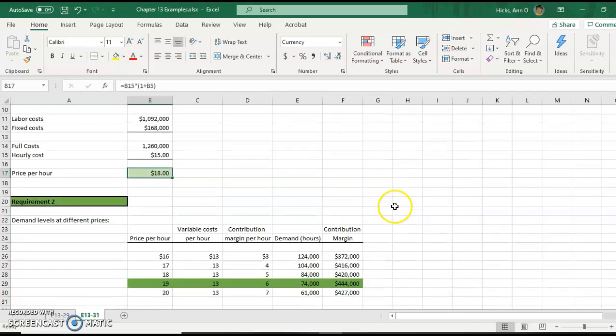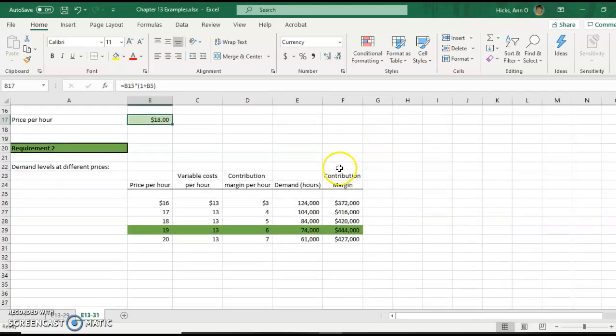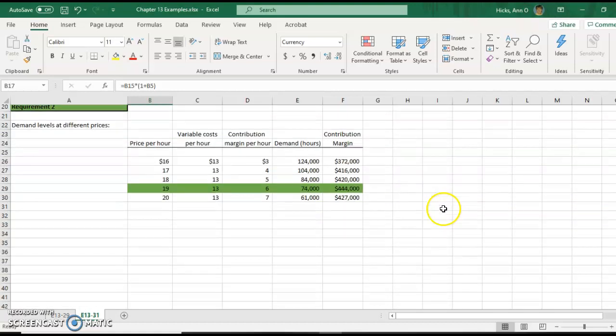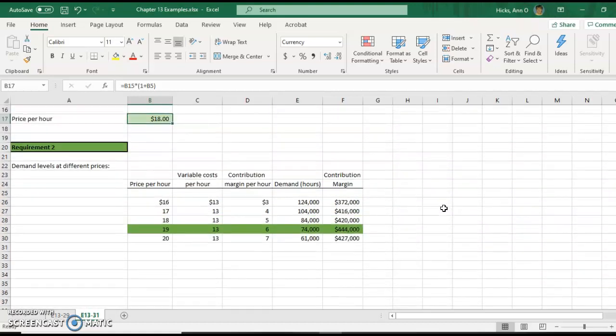Now, here's where the market issue comes in. If we look at requirement 2, our marketing department has given us an estimate of demand for different prices. In other words, if we're only charging $16 per hour, our demand is 124,000 hours. Clearly, as the price per hour goes up, the demand goes down.